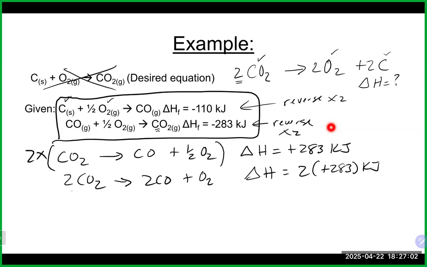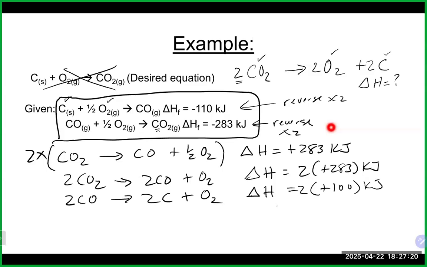So I'm going to reverse the top one and multiply by 2. That's going to give me 2 CO goes to 2 C plus O2. Again, I reverse the top one, which means the sign now becomes positive 110 kilojoules, and I also multiply by 2, which means I need to multiply that by 2 as well.